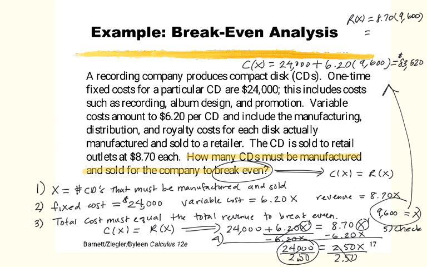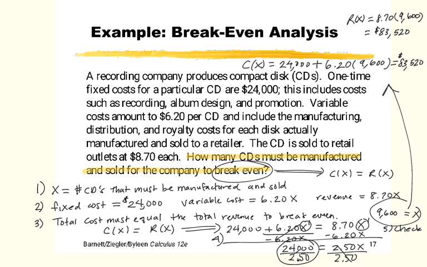Okay, and so this gives us $83,520. Okay, so we know since the cost and the revenue are equal, we've solved this correctly, and we've determined the break-even point where the cost and the revenue are equal.